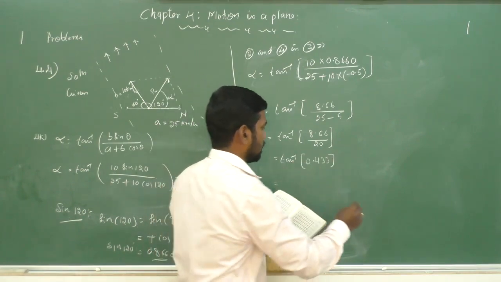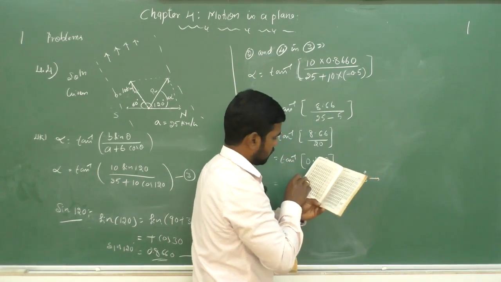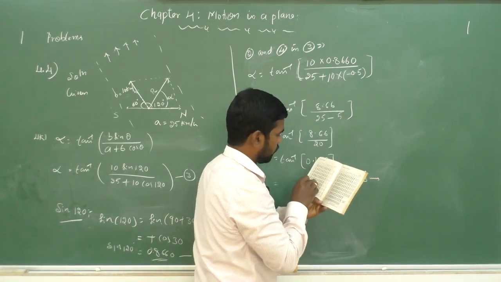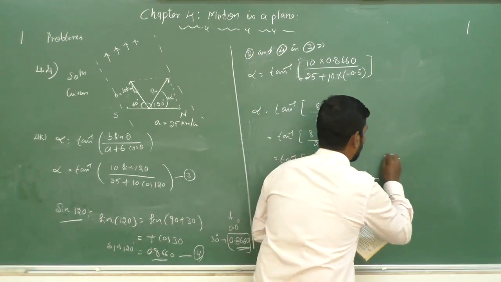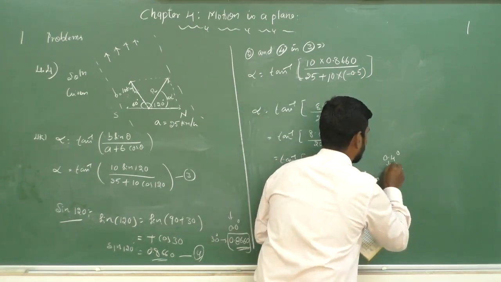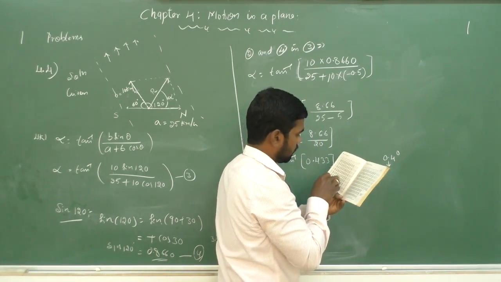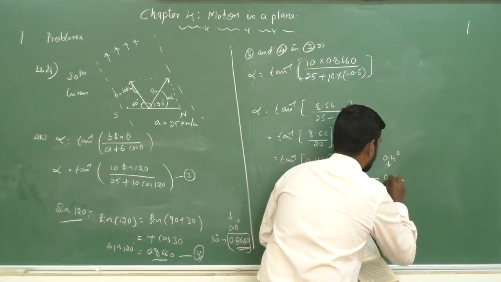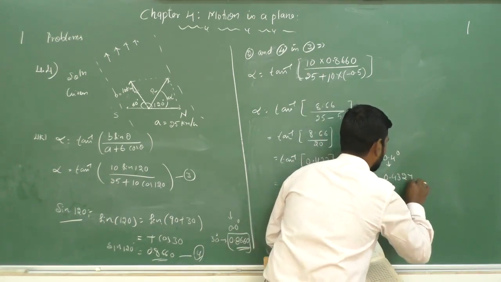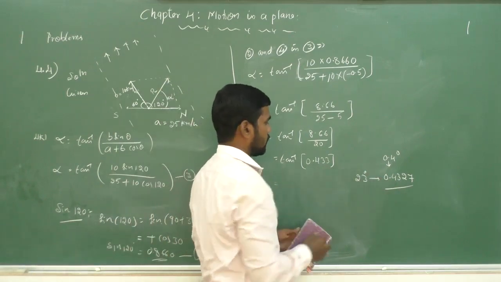I got the value in the 23 degree row, then 433 in the 0.4 degree column. The value I got is 0.4327, which is almost nearby this value.